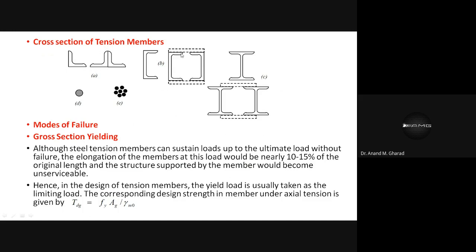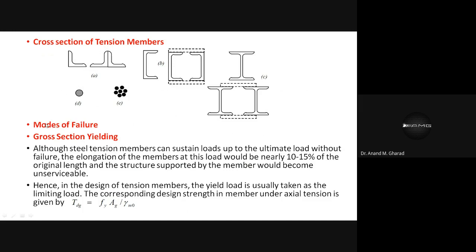Built up in the sense that there are two channel sections, as you can see over here. They are connected to each other with the help of this plate arrangement. Okay, so they are known as built up sections. There may be an I section, a built up I section, then cable. These are tendons, pre-stressing cables, you can say.